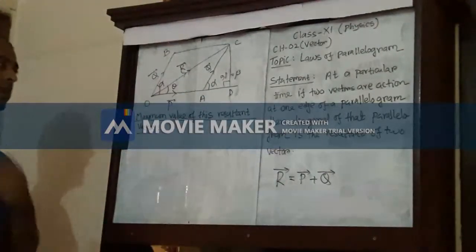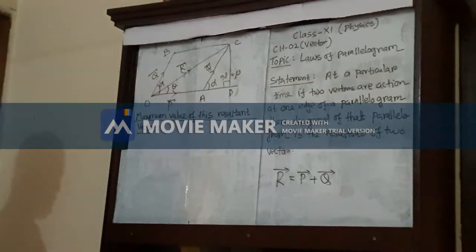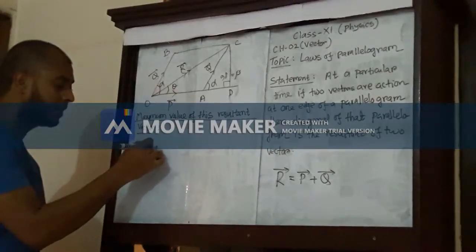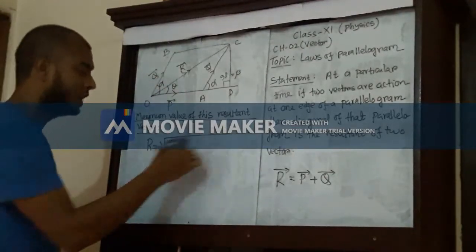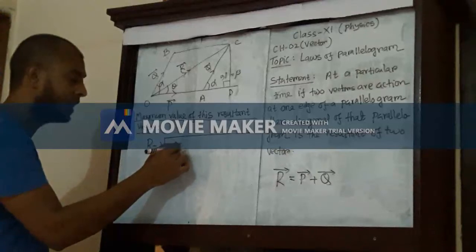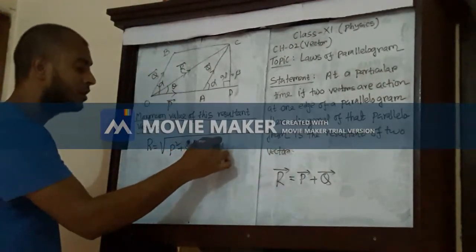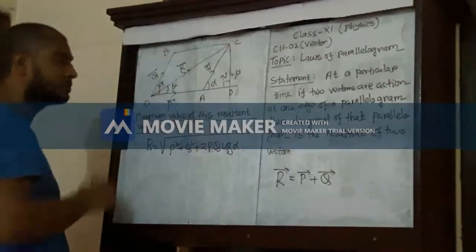Okay, now you already know the value of the resultant vector, and the resultant vector R will equal root over P square plus Q square plus 2PQ cos alpha.